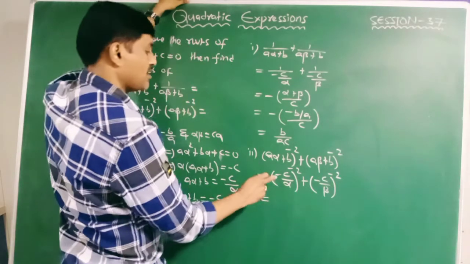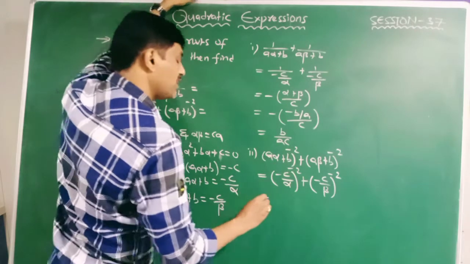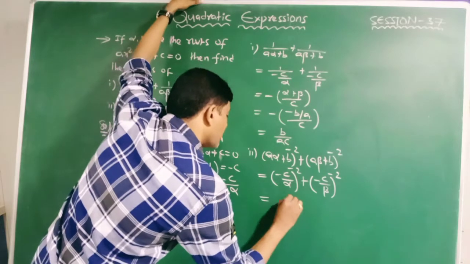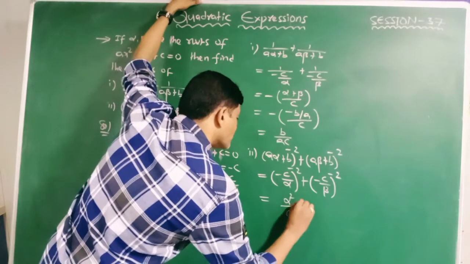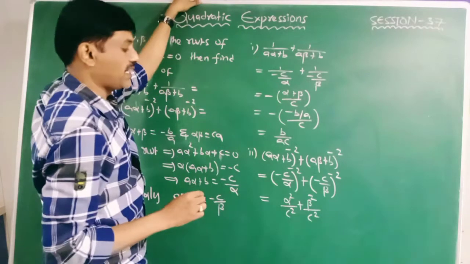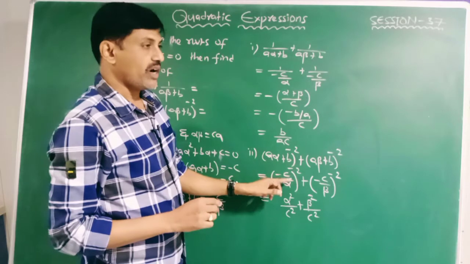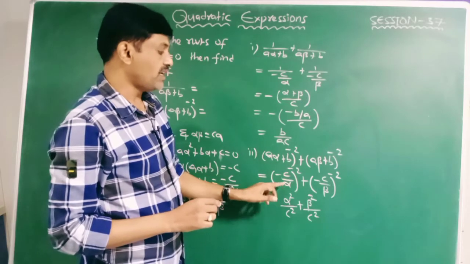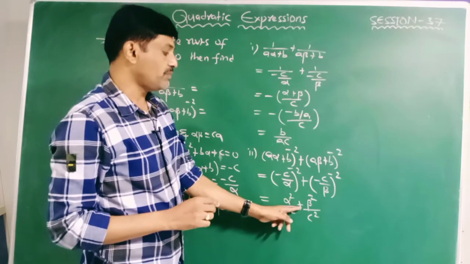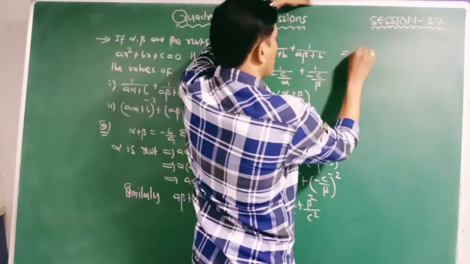Now minus whole power minus 2 is even, so this minus will become plus. Bringing into the numerator, it will become alpha square by c square plus beta square by c square, because 1 by (c by alpha) whole square will become 1 by c square by alpha square.